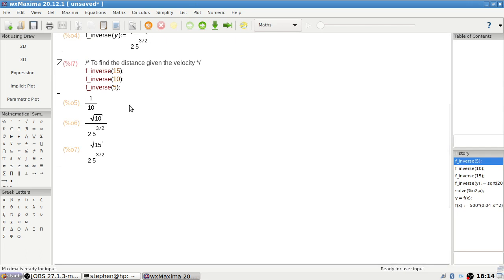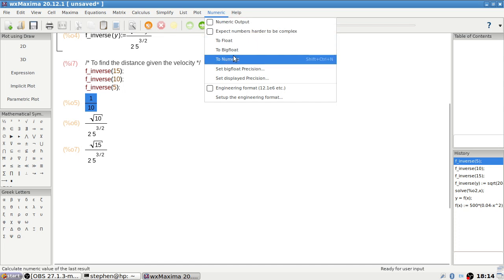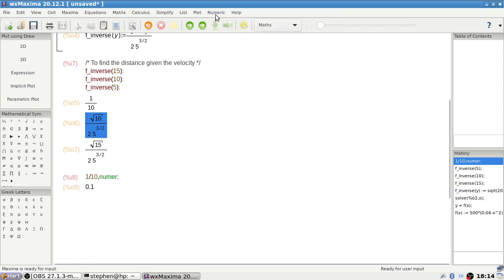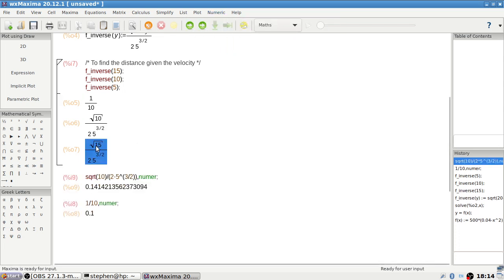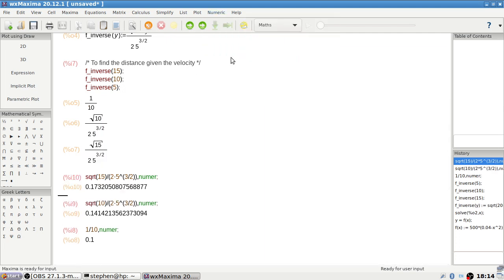Now I suspect the answers are going to be numeric. Yeah, so let's get these to numeric, to numeric, to numeric, and to numeric. So 0.1, correct, 0.14, and 0.17. Right, so that's 217 done.